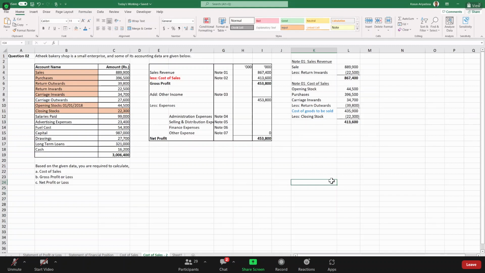So there is a difference here. Right. And the relevant cost has to be recognized here. The carriage inwards is connected to the cost of sales, but carriage outwards is transport cost. That is selling and distribution expenses.